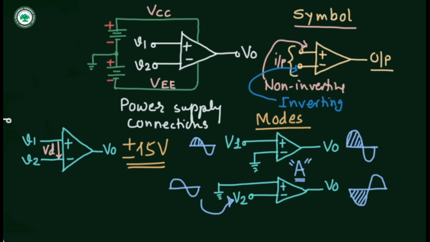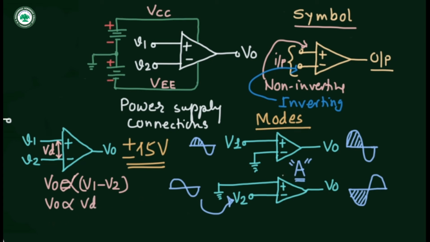So this will be actually the difference between these two. And if we want to consider output that is proportional to the difference between the inputs, say V1 minus V2, or I will write like this, VO is proportional to VD.